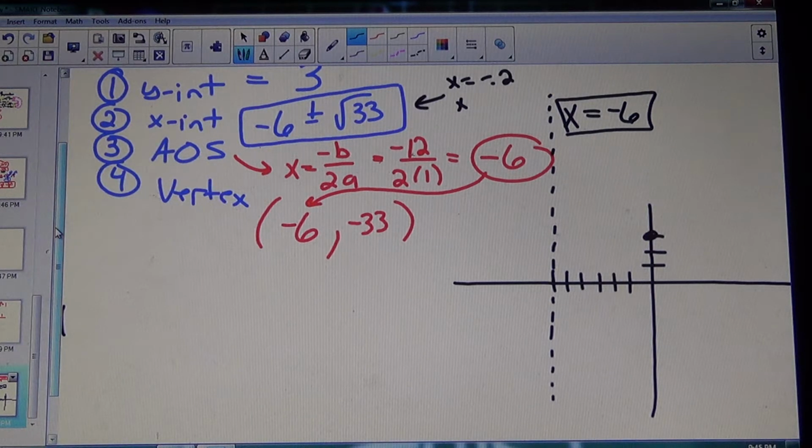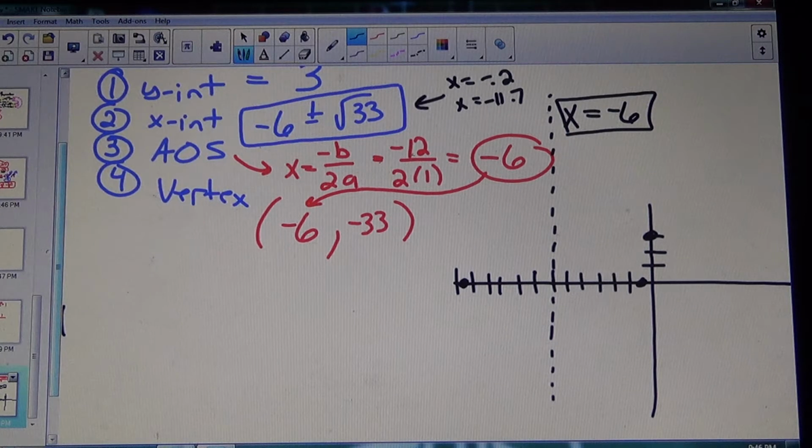Or if I go negative 6 minus second square root 33, I would get x equals negative 11.7. So negative 0.2 would be here, and negative 11.7 would be here.